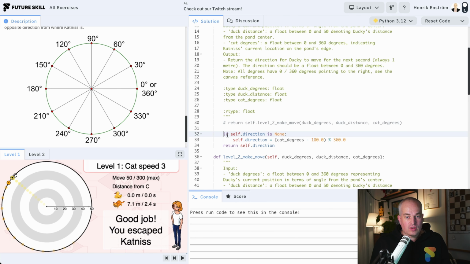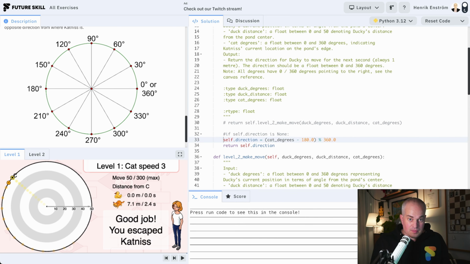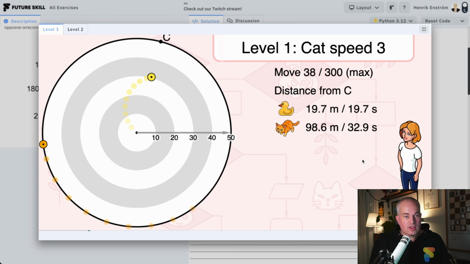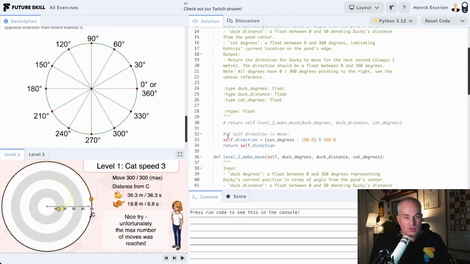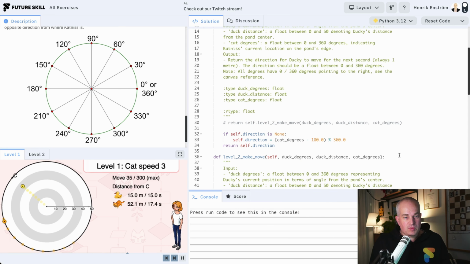And if we would always set the direction instead, meaning we always go in the very opposite direction, it starts to look good, but then it makes us go in kind of a circle, because we're always moving away from the cat, and since he's very fast, we start to go away from him like this, and then we reach the 300 move maximum. So the way to go is to just set the direction once and then go in that direction for level 1. So that's cat speed 3.